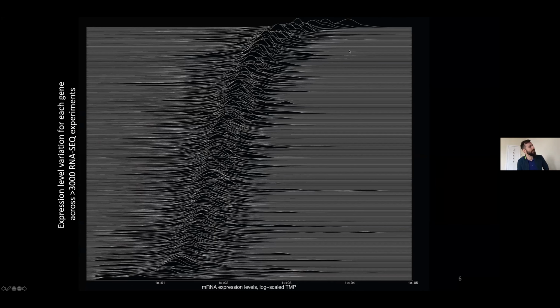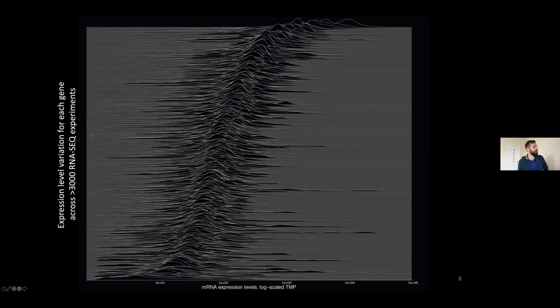There is a whole range of expression. This spans all the experimental conditions and all the biological and technical variation, and the genes are always constrained within a certain range. These genes are never expressed here, same as these genes are never expressed there.